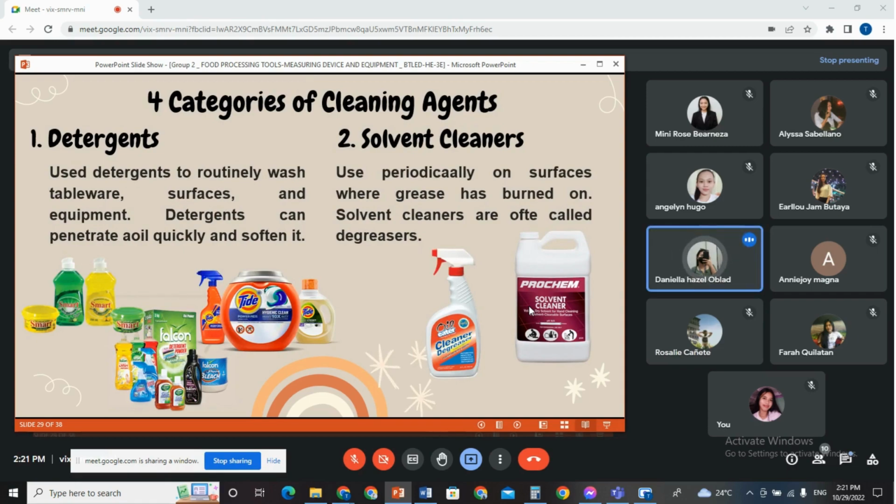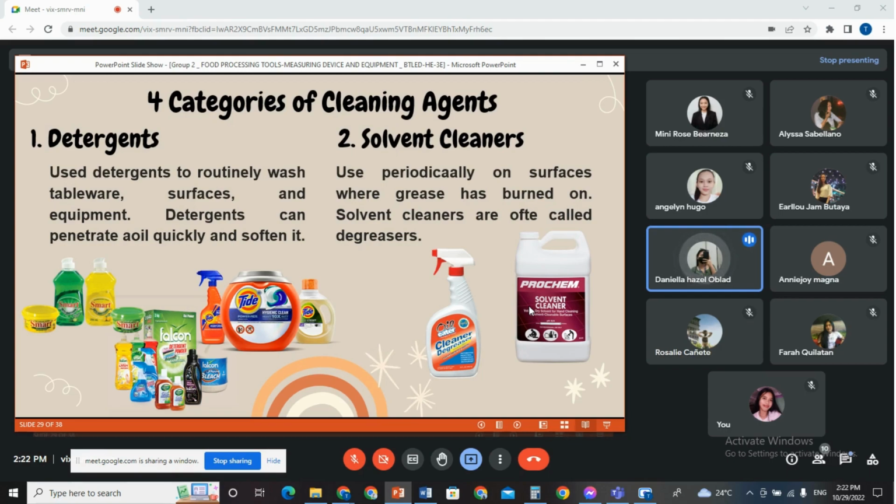There are four categories of cleaning agent. First, detergent. Detergents are used to routinely wash tableware, surfaces, and equipment. Detergent can penetrate oil quickly and soften it.